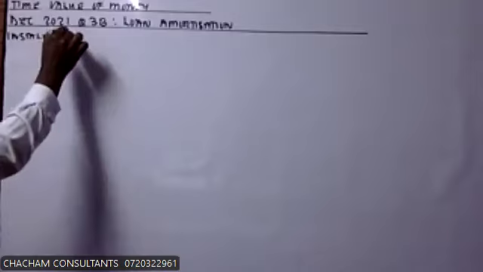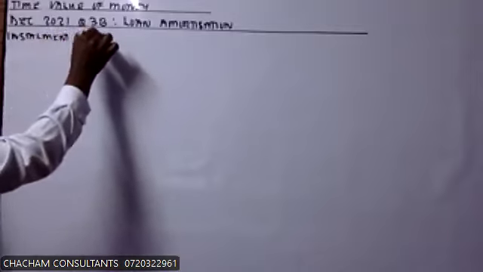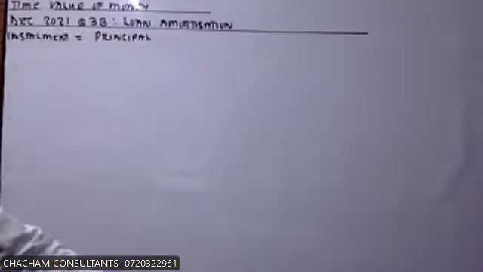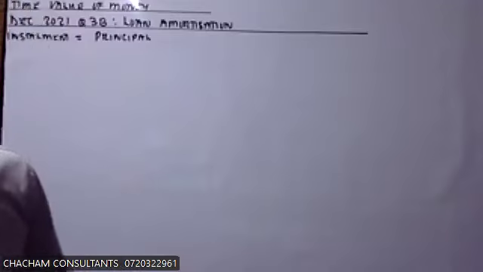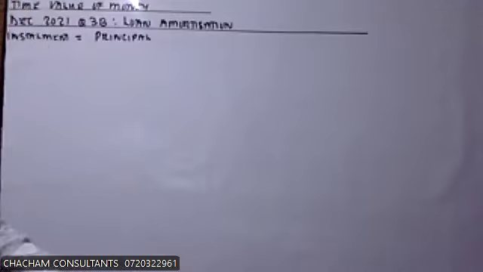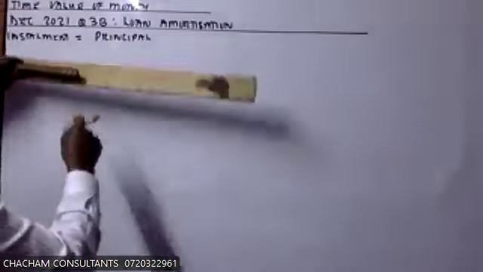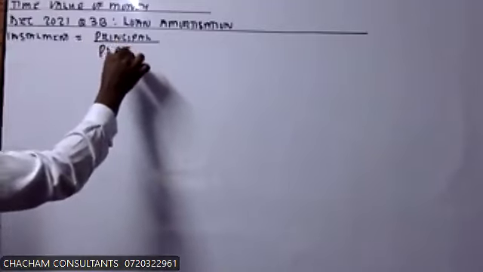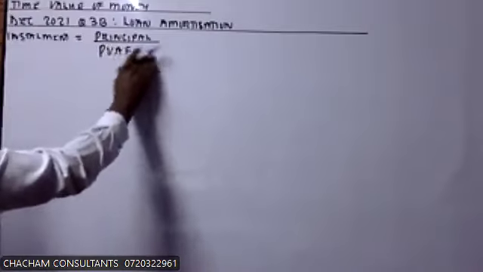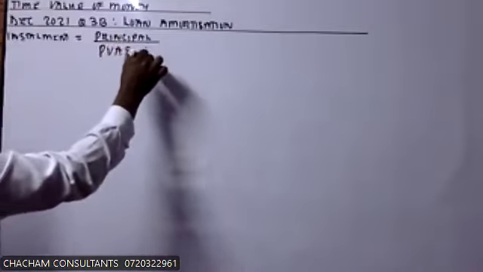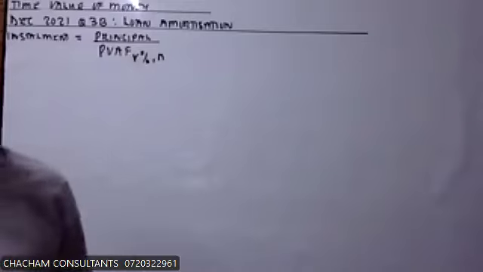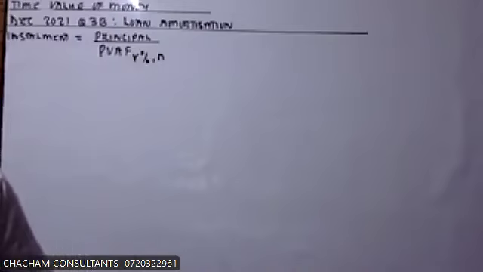The installment is given as the principal, which is the amount that you have borrowed, divided by the PVAF at R% and N years. That's how we get the installments.